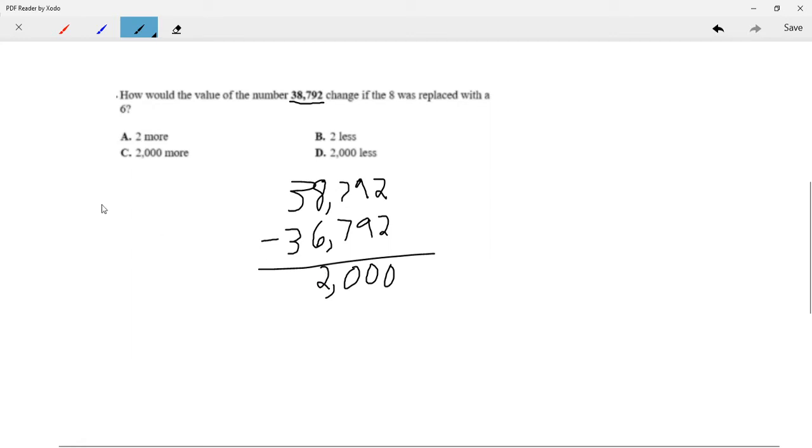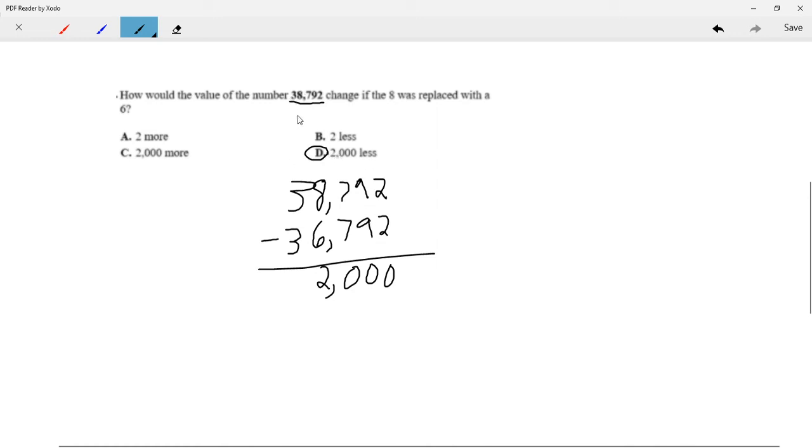So, the value changed by, in this number. So how would the value of this number change if the 8 was replaced with the 6? The value going from this number to this number actually went down 2,000, right?